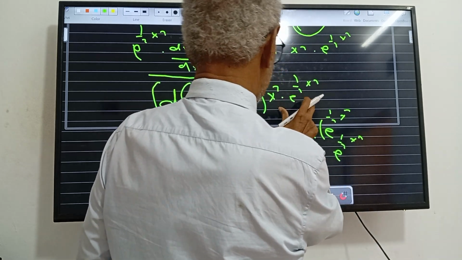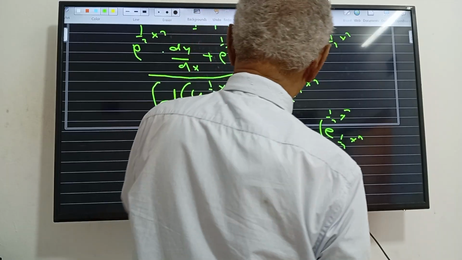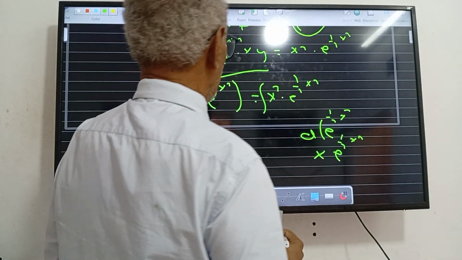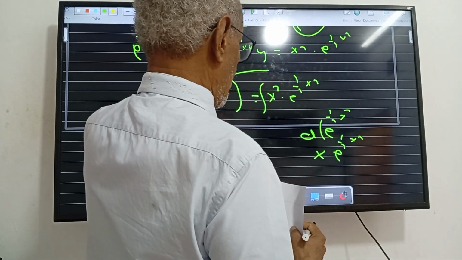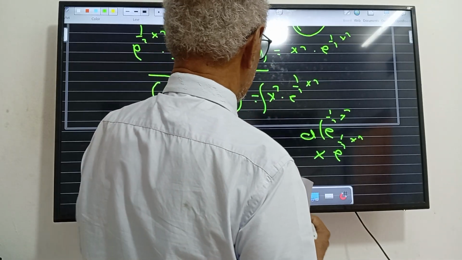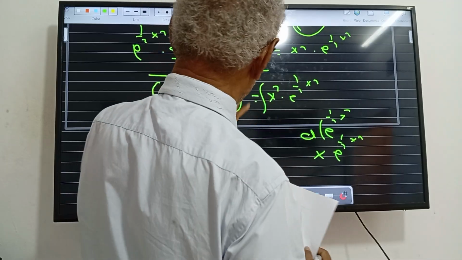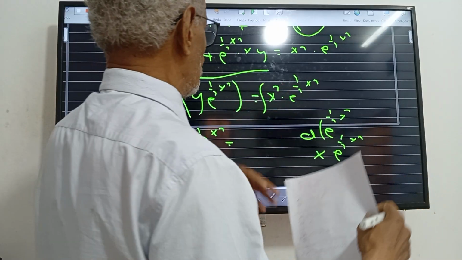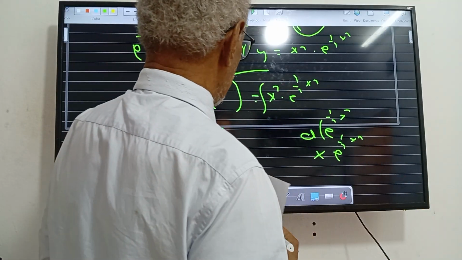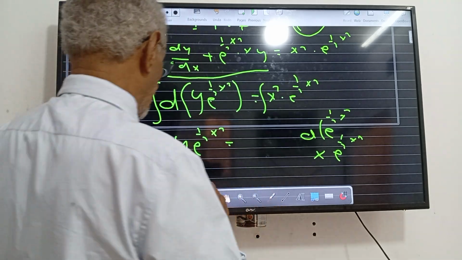I think this integration should be solved by integration by parts. So let us skip this, because integration by parts will take time. It's not difficult, it will take time, and I would like the video to be very short, so as to be uploaded as quickly as possible.